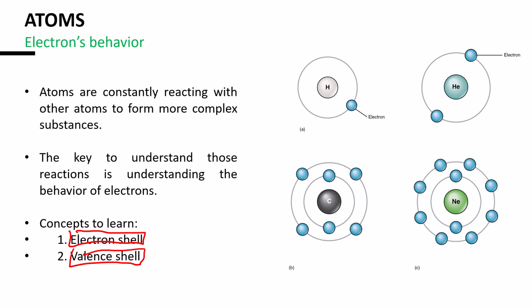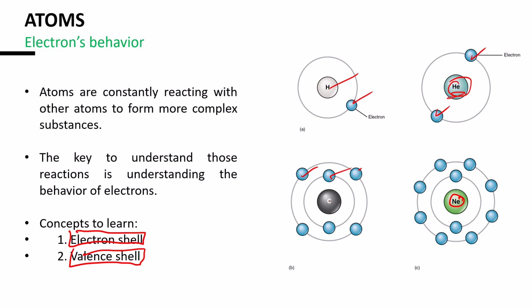So we have here hydrogen, in general, hydrogen will have 1 electron. Helium has 2 protons, in general 2 electrons. Carbon 6, and I'm sorry, I think I said neon, that's helium. And then neon will have how many? 10. So that is the amount of electrons.